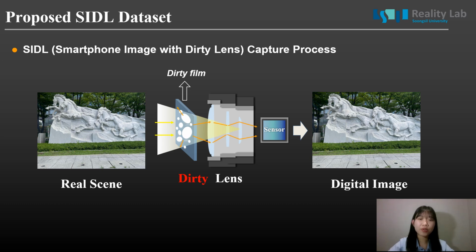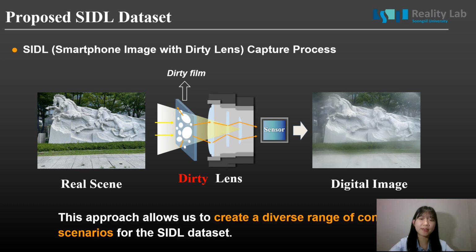When light passes through this dirty film, it creates realistic scratching and distortion effects. These effects replicate the effect of real-world lens contamination and result in degraded digital images. This approach allows us to create a diverse range of contamination scenarios for the SIDL dataset.